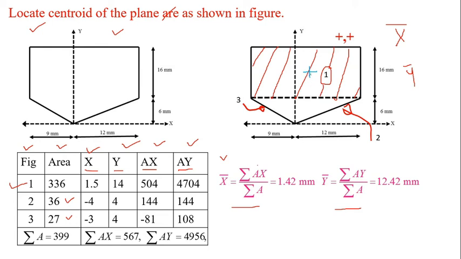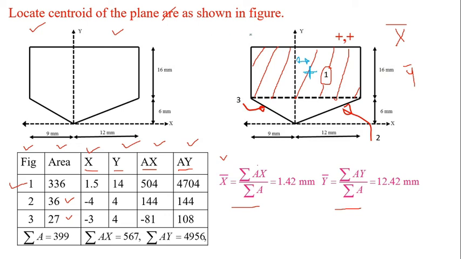But now this figure is partly placed in the first quadrant, partly in the second quadrant, and hence distance of centroid of figure number 1 from y axis, means this distance is required. Remember, this distance is required, and this is x for the given problem.